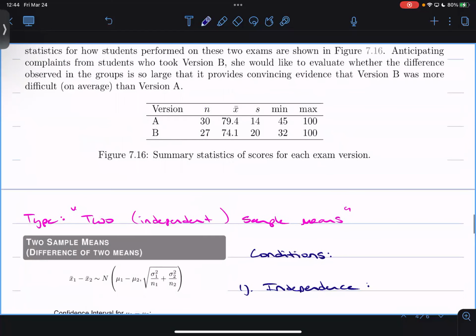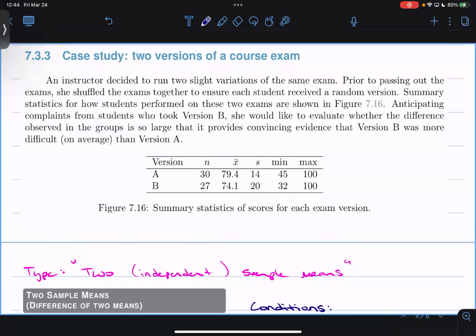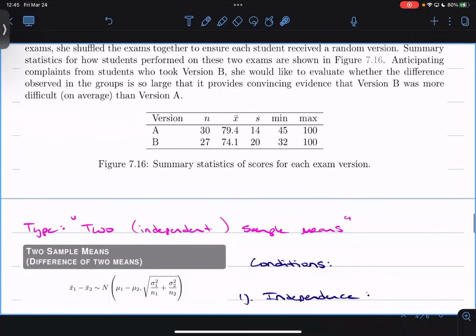Let's see here. She shuffled the exams together to ensure each student received a random version, right? So the 2 groups were randomly assigned, right? We also have to assume that the students within each group are also independent of each other. Not necessarily true, but we're going to assume that it is true, right?